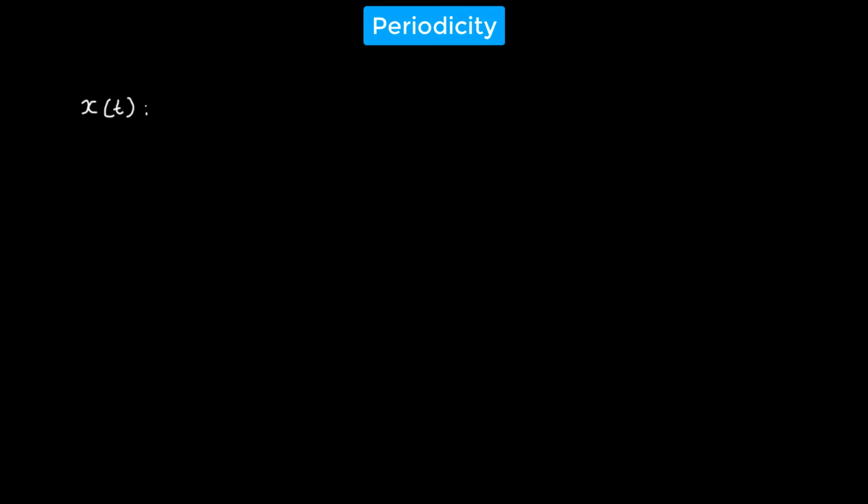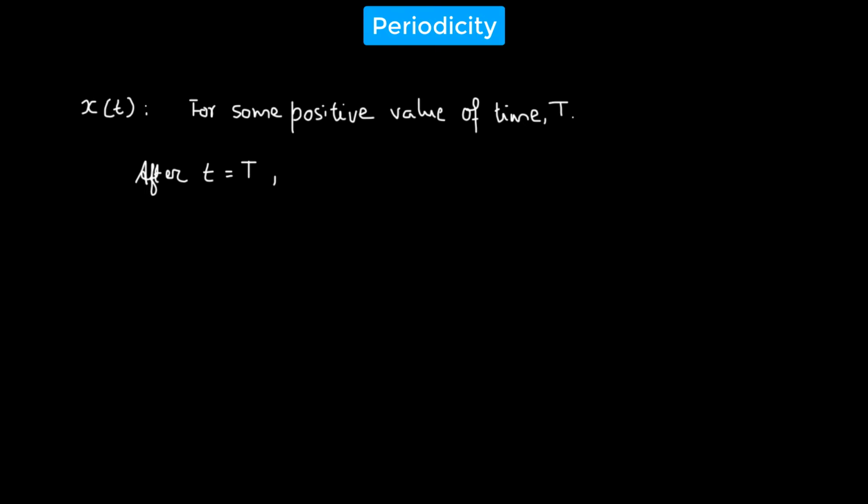Now we are assuming some positive value of time, capital T, meaning let's say after some time t equals T, if x of t plus capital T. So this is the signal, or this is the function after some time T has elapsed.